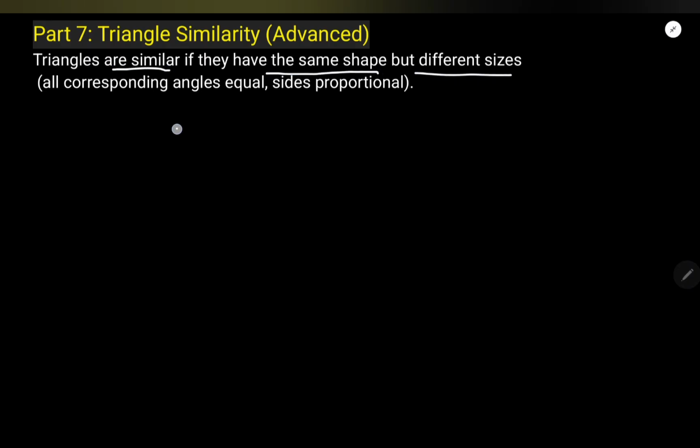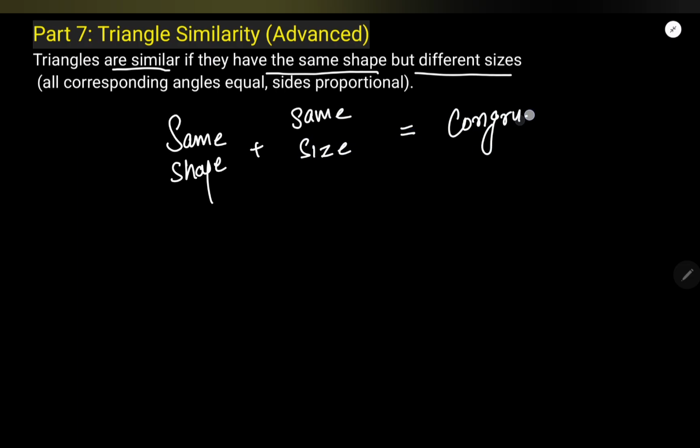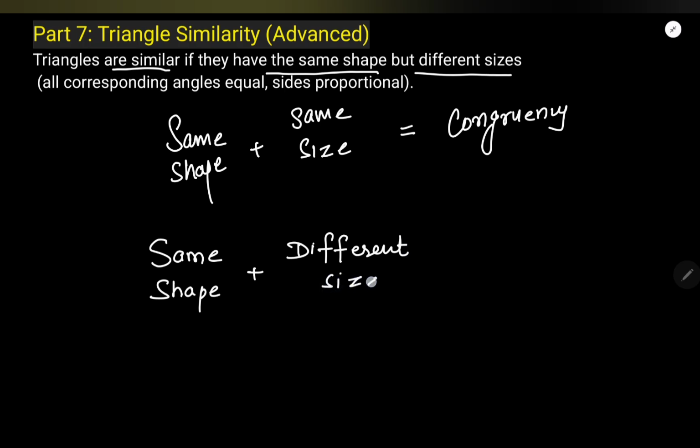If same shape plus same size, it becomes congruency, right? Same shape plus different size, then it becomes similarity.